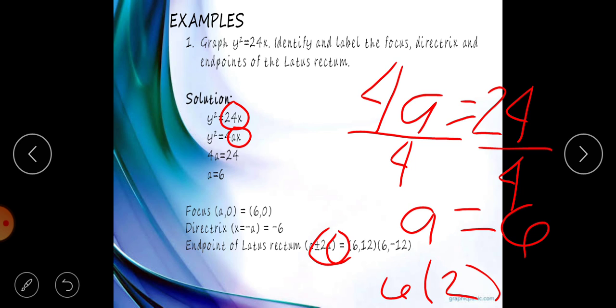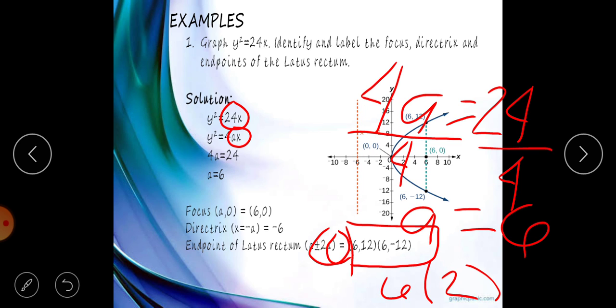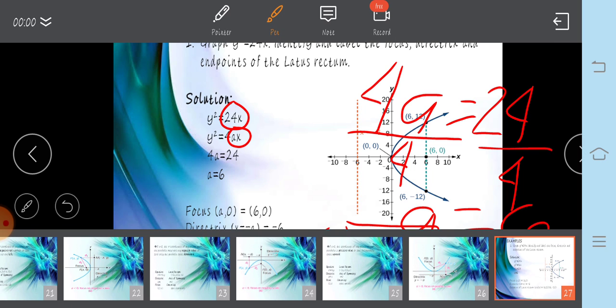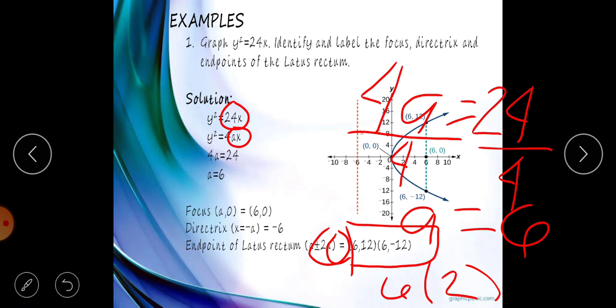That's why we come up to these points of the latus rectum. And the graph of this equation is just this.